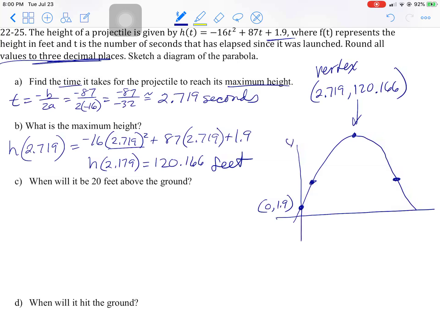That's the y-intercept, right? And this is the x-intercept here. So right now it's asking me that, actually D is going to ask me that one. C is asking me this one, and this was A and B, okay?